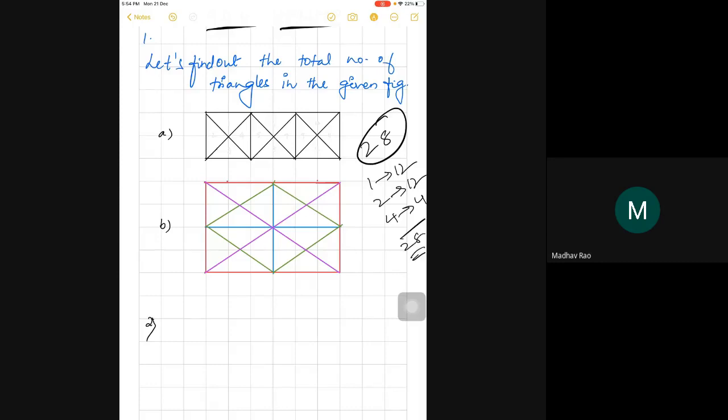The same again, I just extended the concept to this figure, sir. So the child will definitely at least try. Once I explain this one, the child will be excited to apply the same concept here and will come out with answers. It may be right or it may be wrong, but the child will try at least.